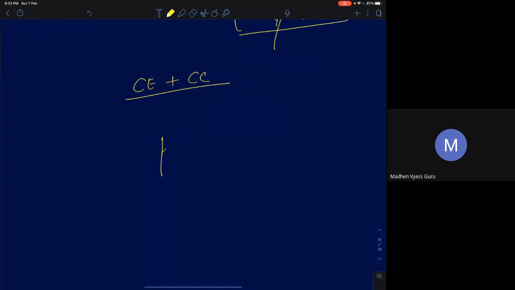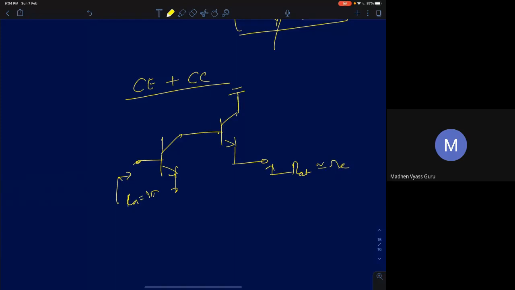The common emitter will give you a very high gain, and the common collector gives you an input resistance of R pi and an output resistance of approximately small re. I'm ignoring the Rs by (beta plus 1) term. So by combining these two, I can approximate an ideal voltage amplifier.